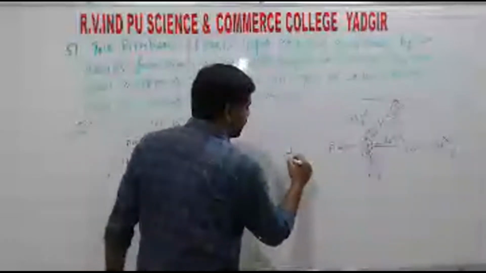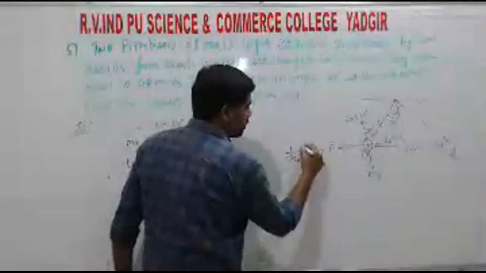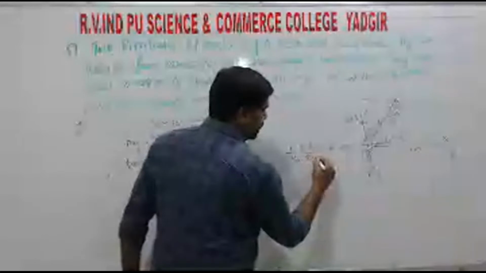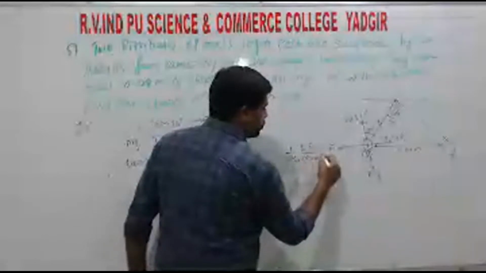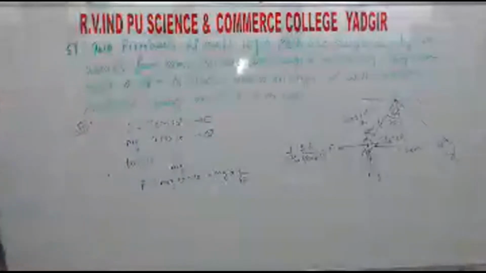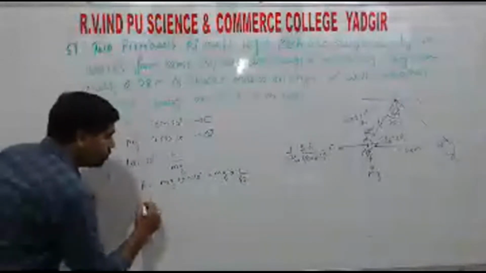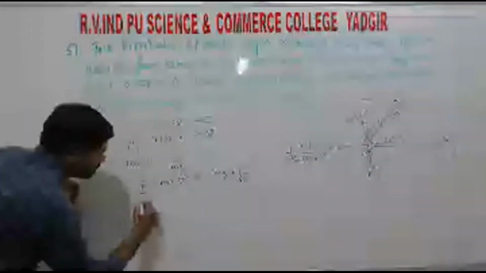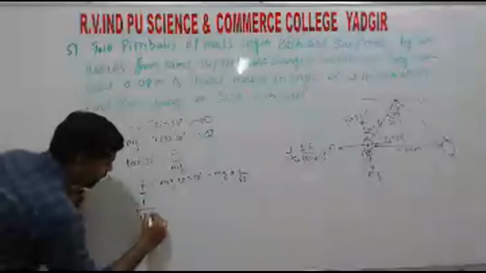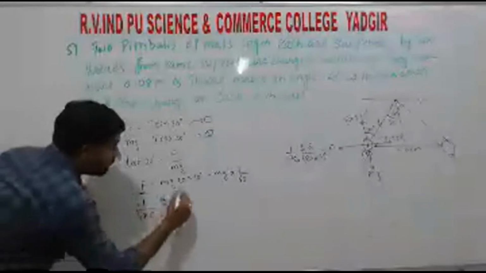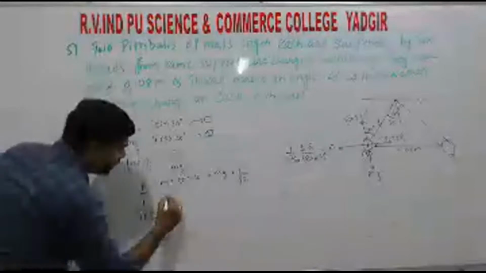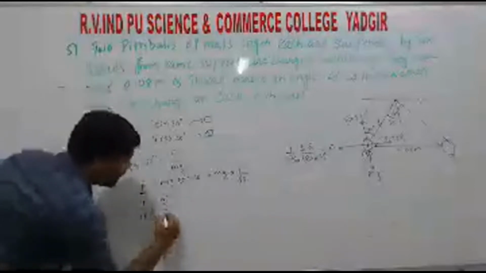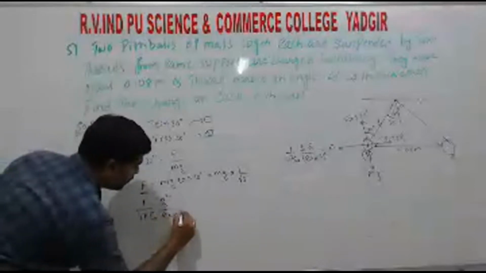So the force is 1 divided by 4 pi epsilon naught, q into q, over the distance of separation, 8 into 10 to the power of minus 2, whole square. So 0.08 can be written as 8 into 10 to the power of minus 2, right? So if we substitute, the force becomes q square divided by 8 into 10 to the power of minus 2 whole square, right?